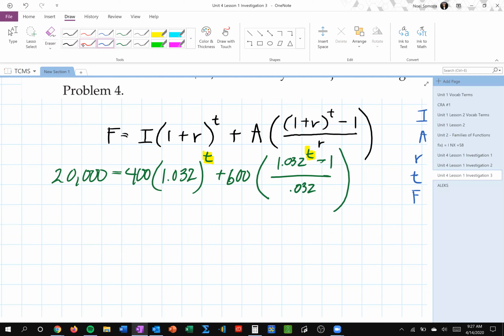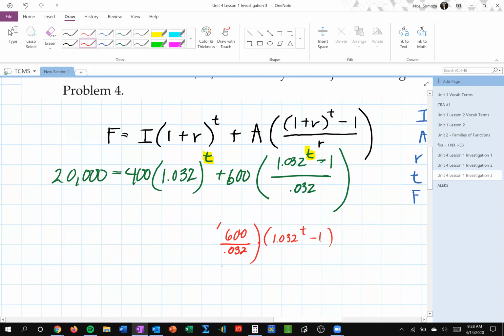Okay, so one way to do that, and the best way for now probably, would be to break this part open by utilizing the 600 and the 0.032. If you think about what this is saying, this also could be represented as 600 divided by 0.032 times whatever is in this numerator, which is 1.032 to the t minus 1.